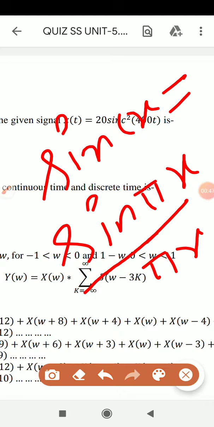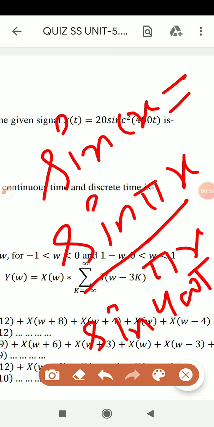So in this case, 20 sin square means 20 times sin(400 pi t) whole square.